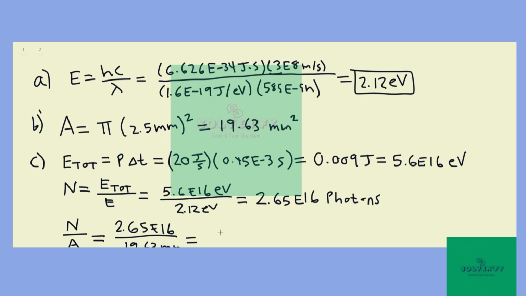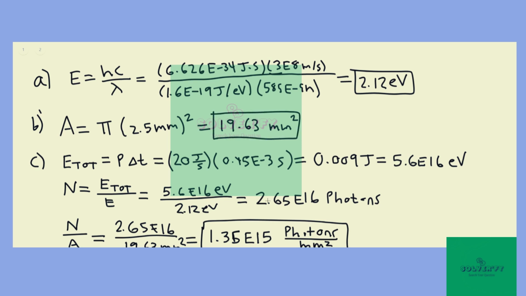We are left with 1.35 times 10 to the 15 photons per square millimeter. And that's it. That's what we were asked to find. Okay, great.